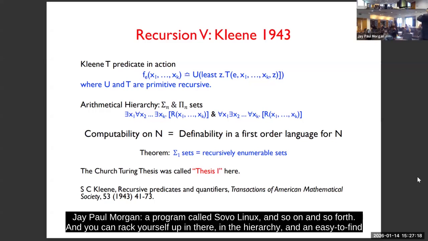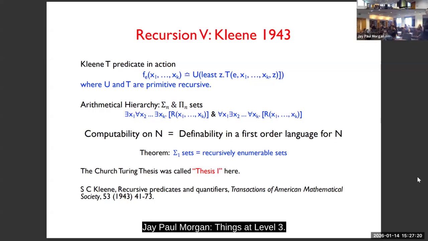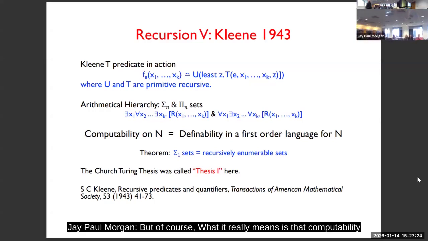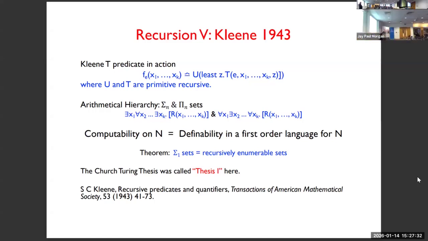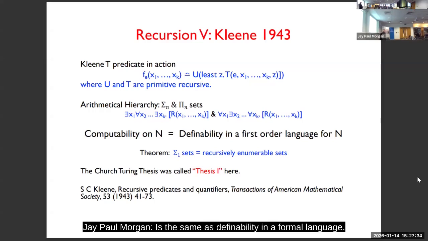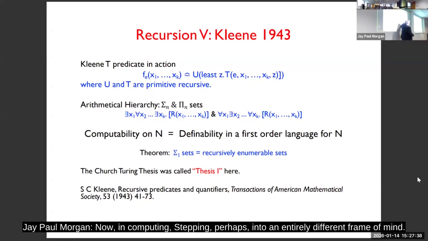And you can place yourself in the hierarchy, and it's easy to find things at level 3. But of course, what it really means is that computability, at least on the natural numbers, is the same as definability in a formal language.